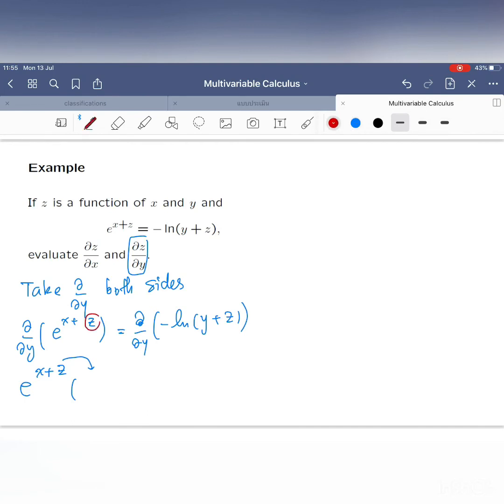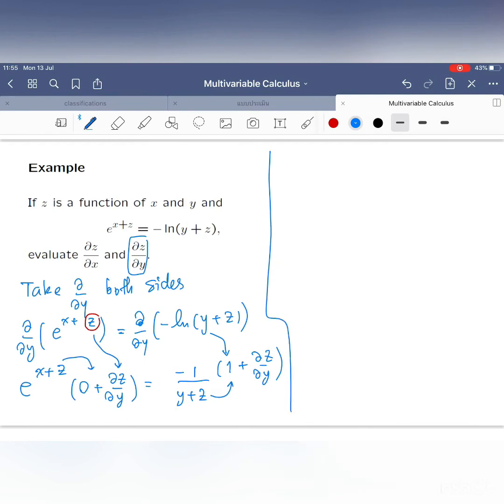Don't forget here you got z with y hidden, but x has no y, so this is dz by dy, because it is hidden and you don't really know what it is. This is negative 1 over y plus z, and then the derivative of the inside of the logarithm, you got 1 plus dz by dy. You got 1 because here is the derivative of y with respect to y.